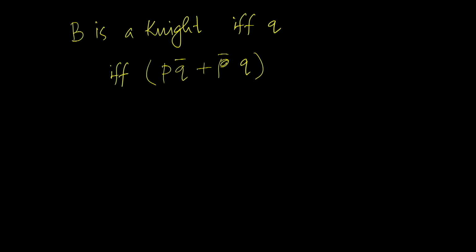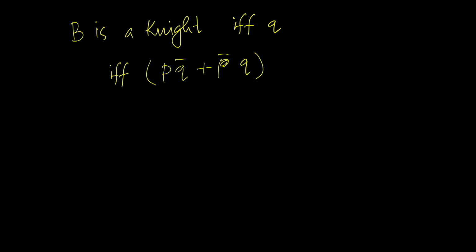In other words, either A is a knight and B is a knave, or A is a knave and B is a knight. So now we have this logical equivalence, that is, Q is true if and only if this is true.